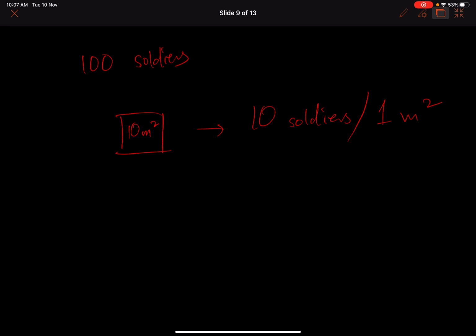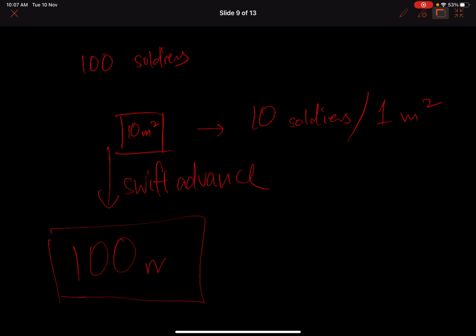However, because the Japanese advance so fast, a swift advance, they now have 100 meters square, which means for every piece of land they only have one soldier.